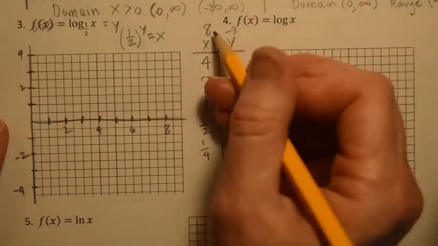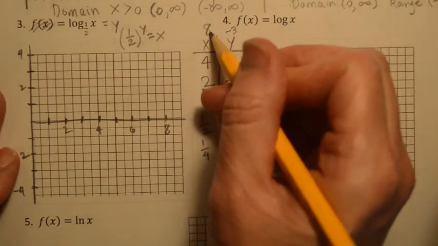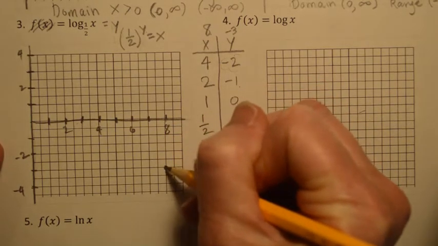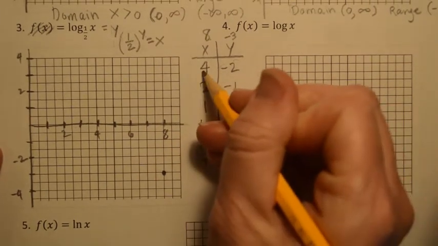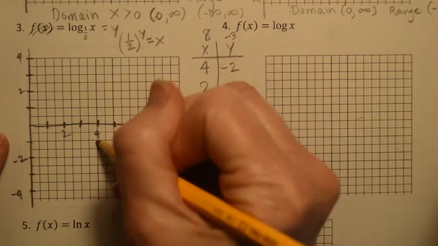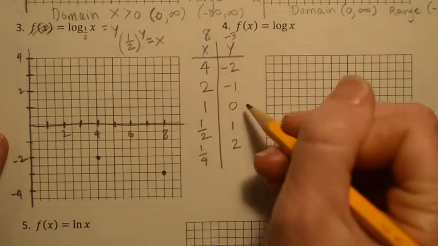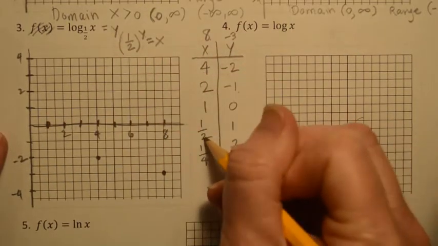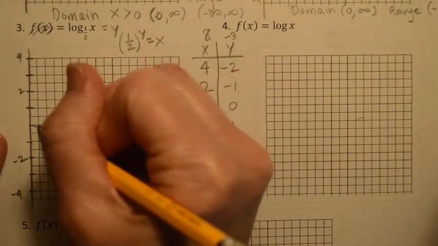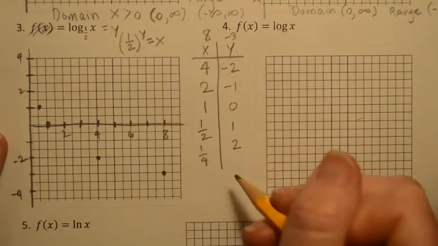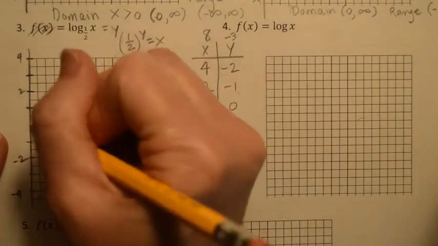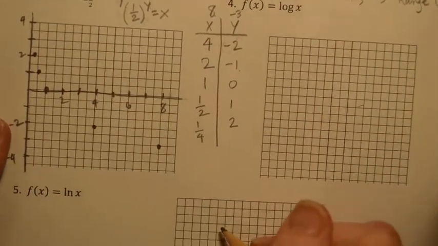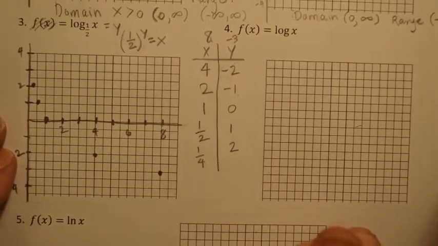All right, so when x is 8, y is -3. When x is 4, y is -2. When x is 1, y is 0. When x is 1/2, y is +1. And when x is 1/4, y is +2. All right, we draw a nice smooth curve between them.